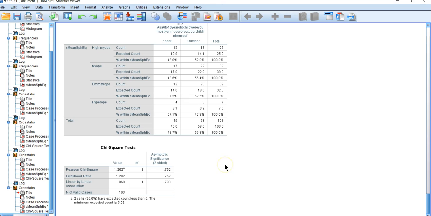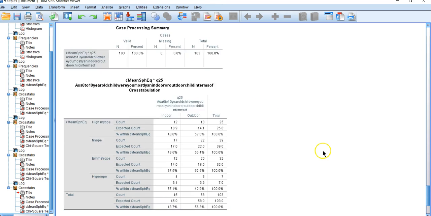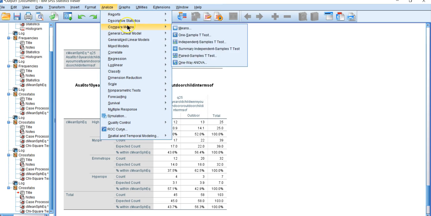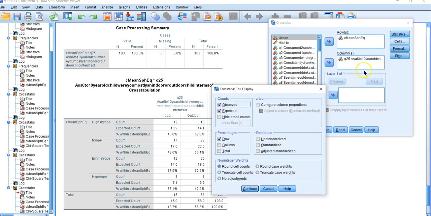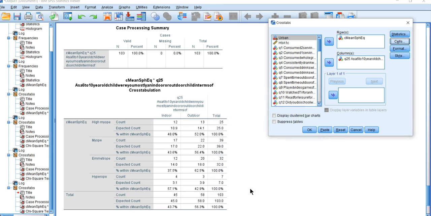All right. I want to show you one more thing that is really pretty cool, though in this case it doesn't make much difference. Let's go to Crosstabs, Cells, and I want to talk about standardized residuals. Now, in a 2x2 table, the chi-square value is equal to z squared.